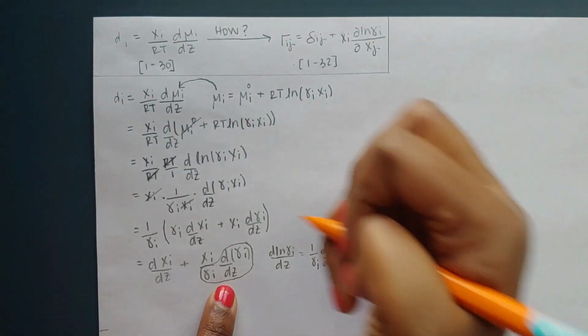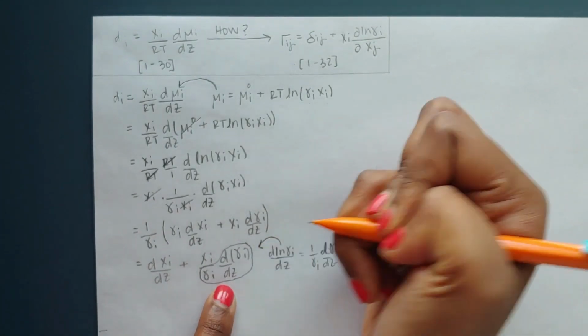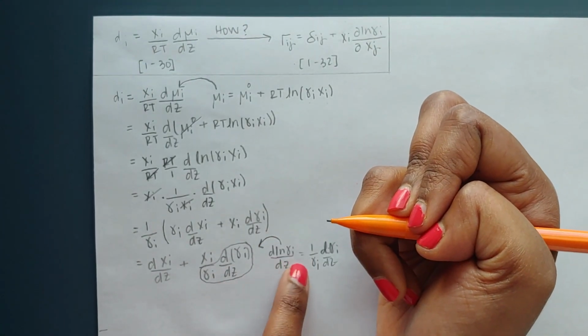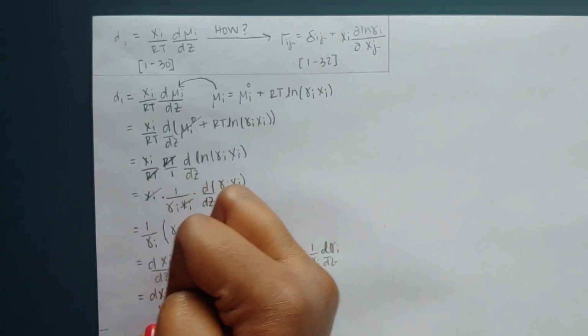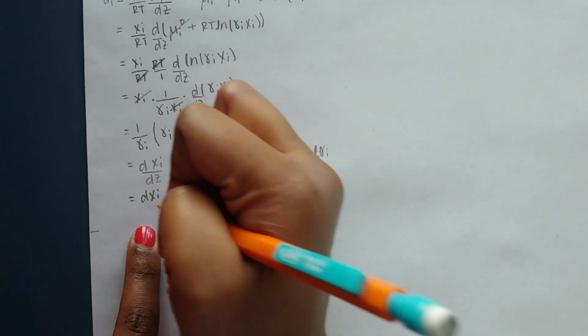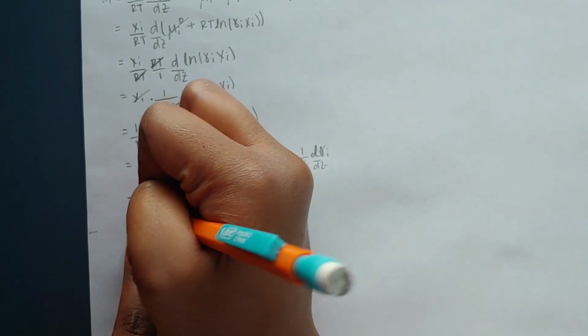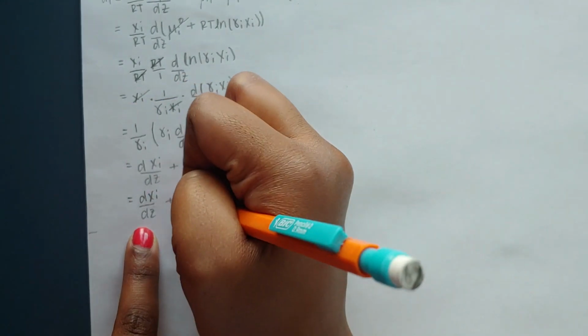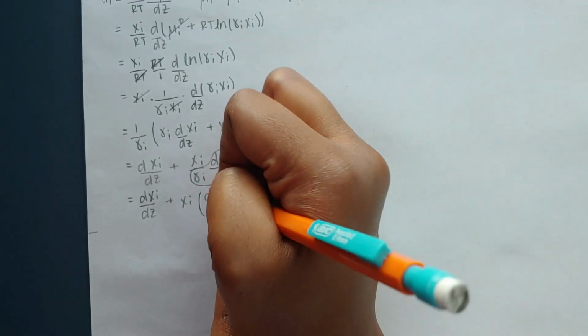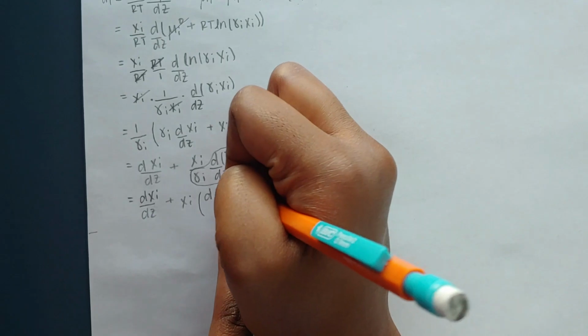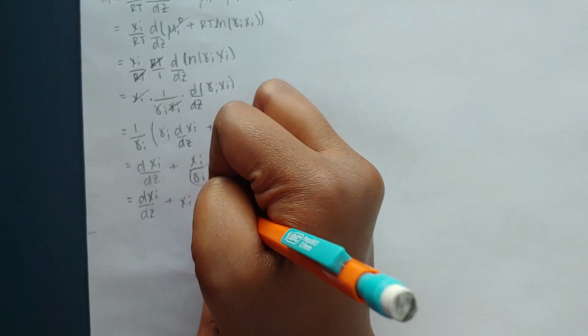That's why we're able to plug in the derivative of the natural log of gamma i for this part. So we're going to go ahead and do that: xi times the derivative of natural log gamma i over dz.